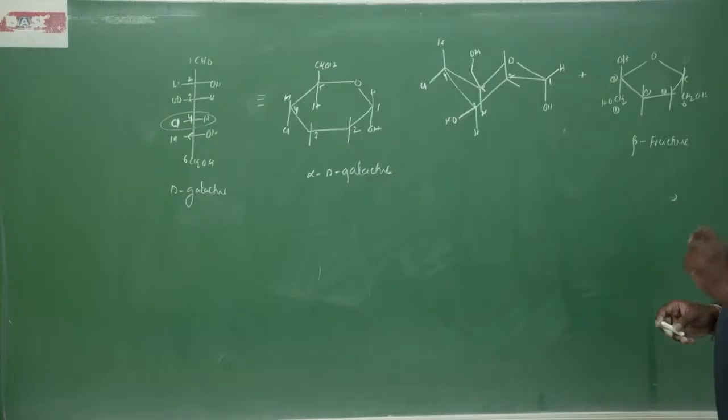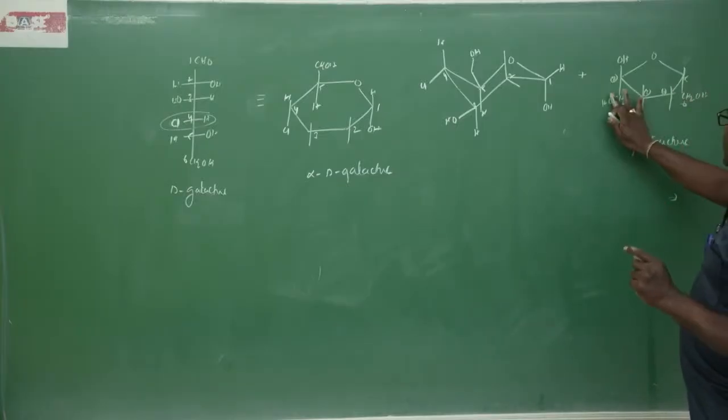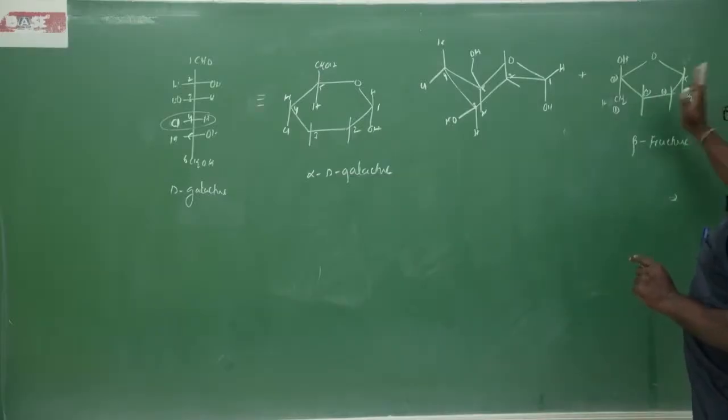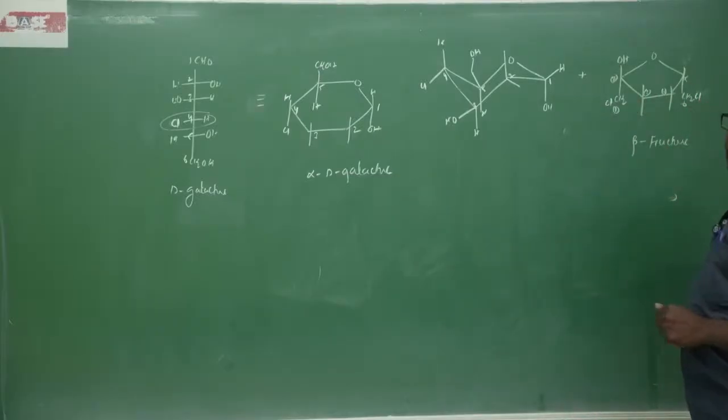But what is said in the question? 1,6-dideoxy: remove the oxygen atom, dideoxy. Instead of that, what we have to write? Cl you have to write. So now 1,6-dideoxy, 1,6-dichloro fructose. Which fructose? Beta fructose.